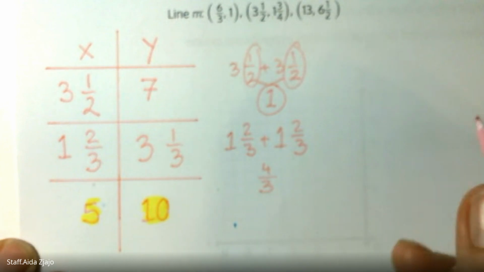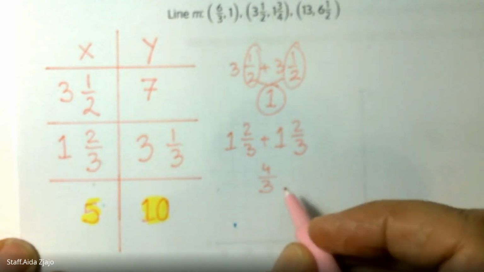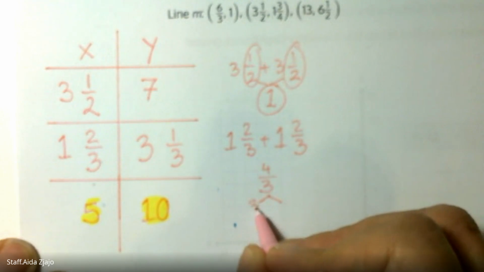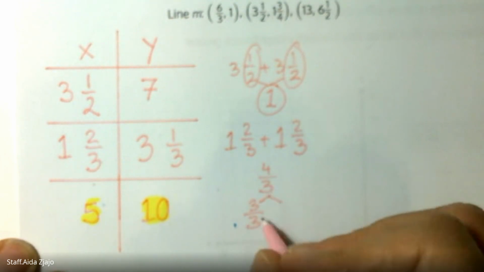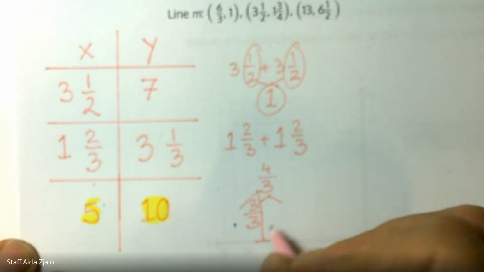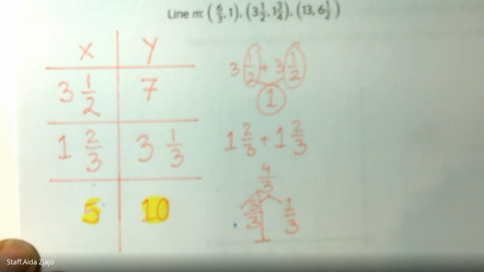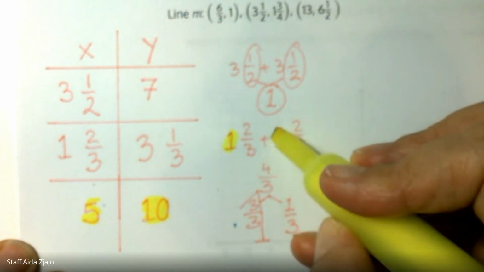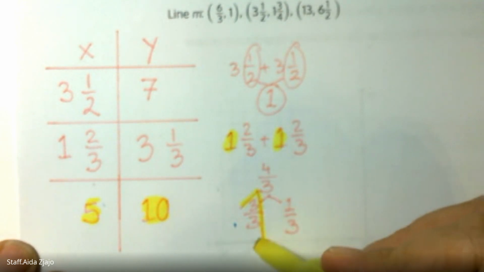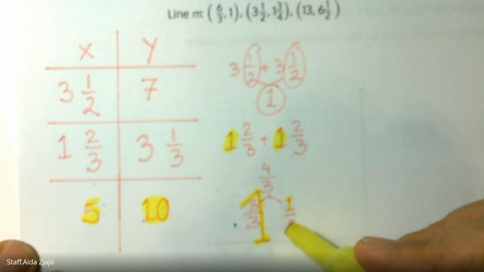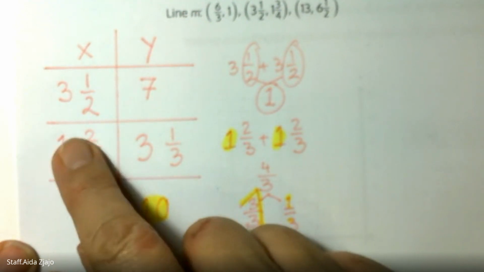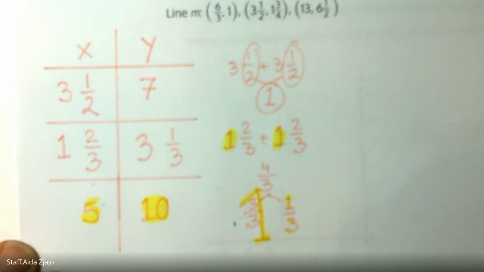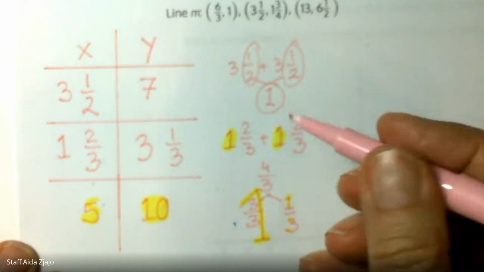If I think about 4/3, that is 3/3, which makes a whole, and then I have 1/3 left. Now I'm going to combine all this. I have 1 whole, 2 wholes, 3 wholes, and 1/3. So it's correct: 1 2/3 times 2 makes 3 1/3.